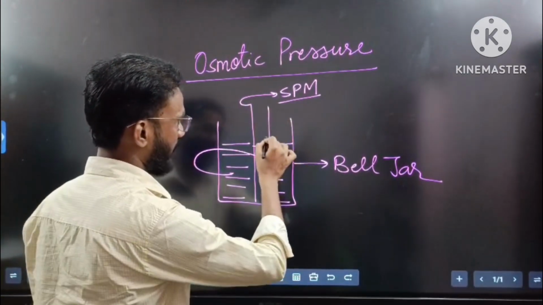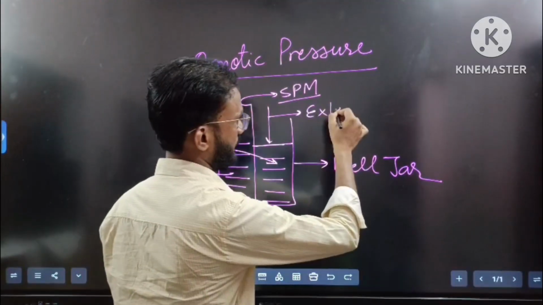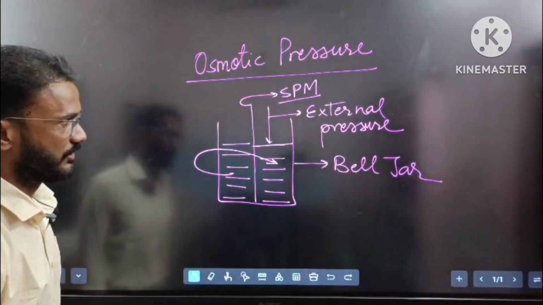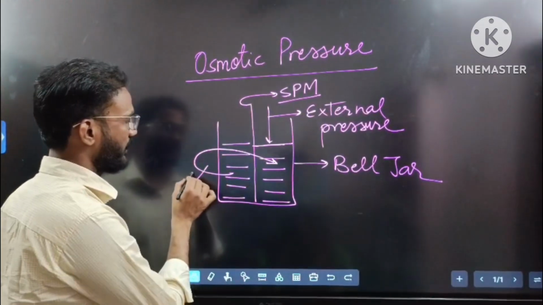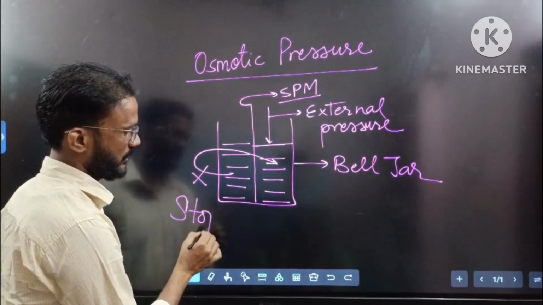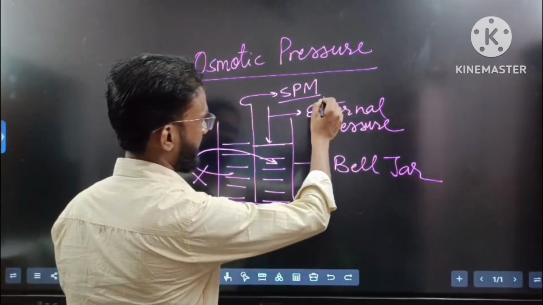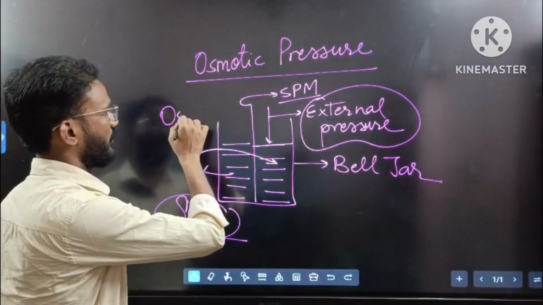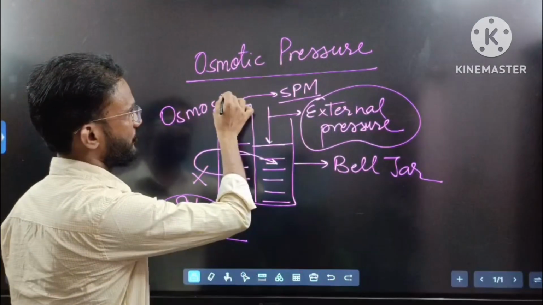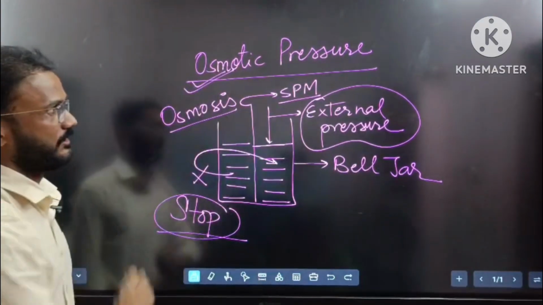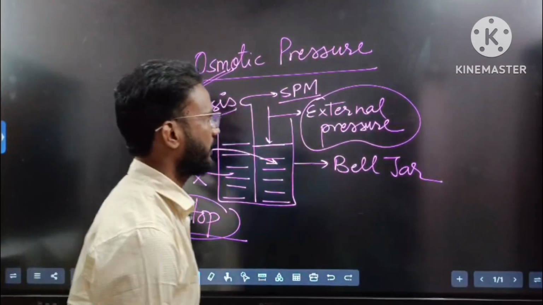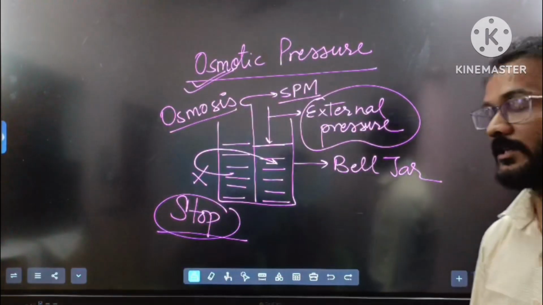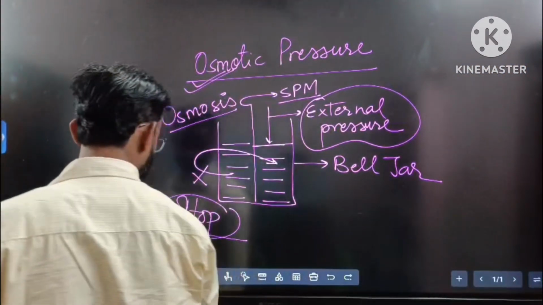Now we will apply an external pressure on the concentrated solution. Then this movement will stop. So we can say the external pressure which can stop the process of osmosis is known as osmotic pressure.